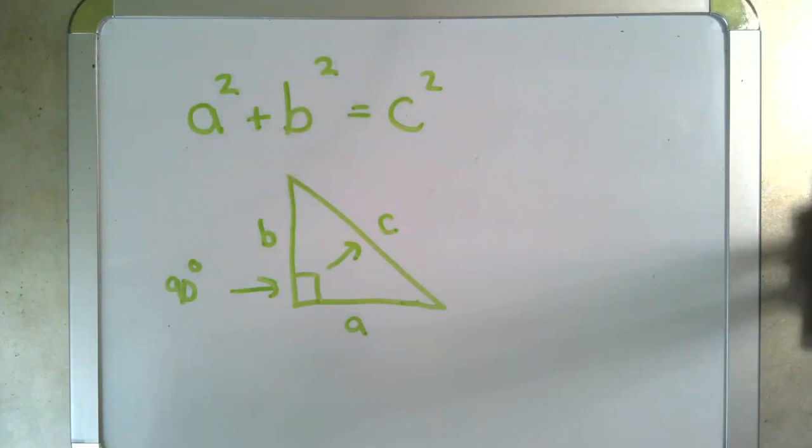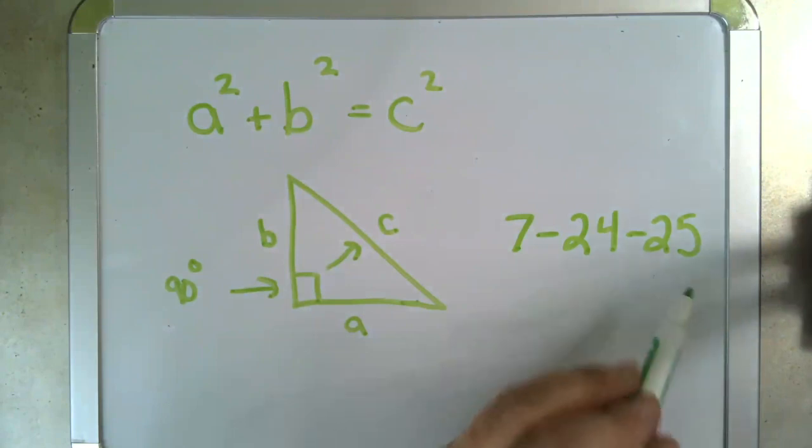So if we look back at the numbers we had at the beginning of the page, let's take a look specifically at 7, 24, 25. Well, if we assign these to the triangle, first thing to know is the longest side in the triangle is opposite the 90-degree angle. So that's our 25.